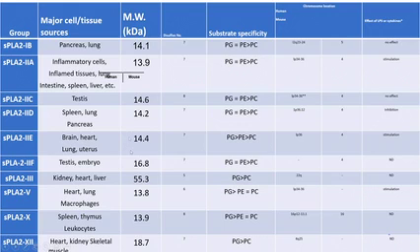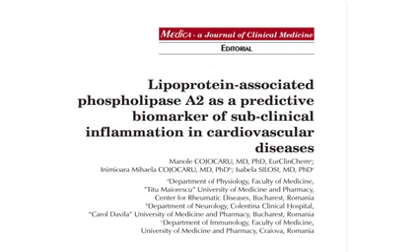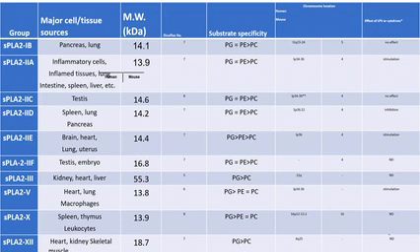And most of the phospholipases in the body are relatively small molecules. And the reason this is significant is because the small molecules all appear in the urine, and most of them do not appear in the blood because they're all filtered out of the blood and appear in the urine.